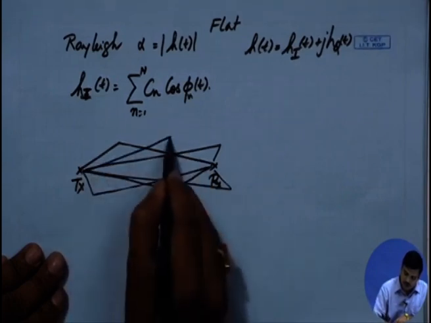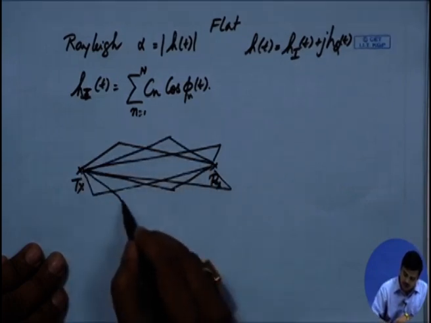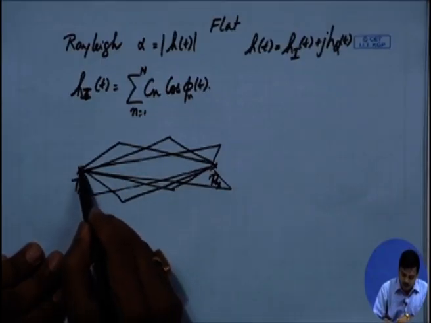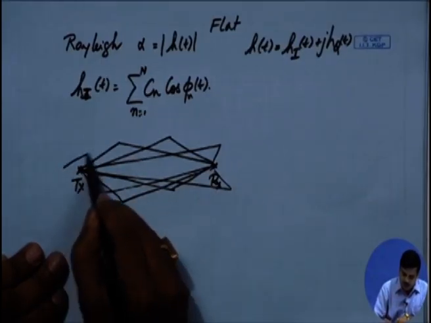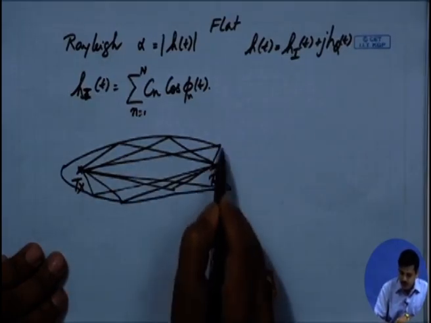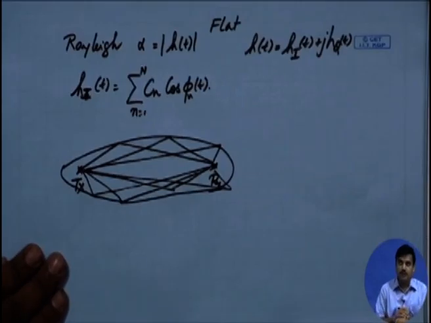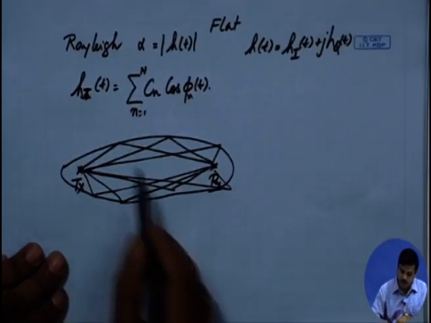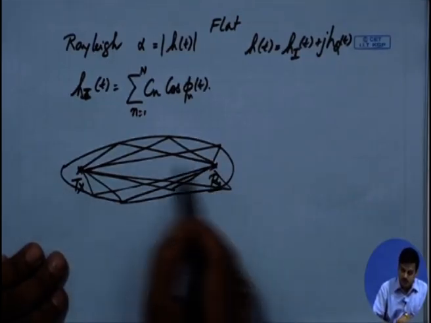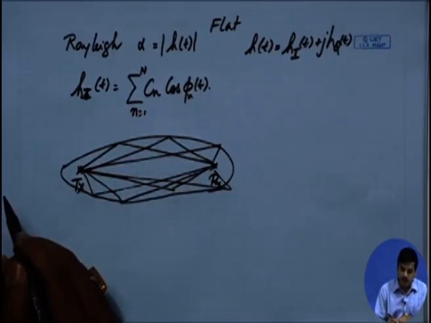However, the propagation delay for these paths is almost the same, and that would happen if the reflectors, scatterers or objects on which the signal impinges and gets dispersed lie on an ellipse whose two focal points are the transmitter and the receiver.